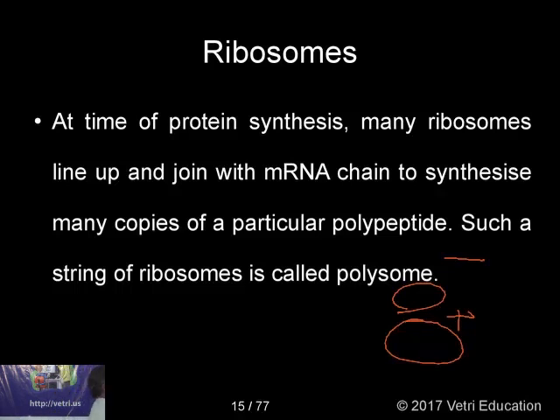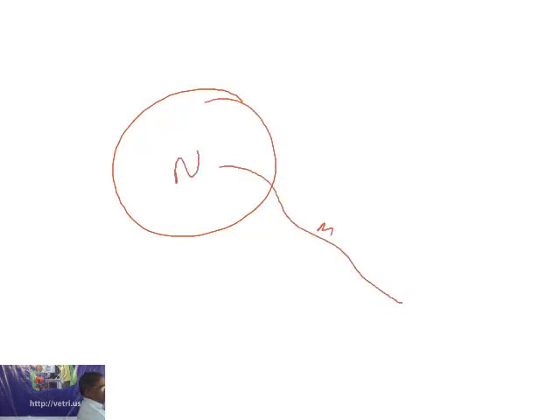So look here. Regarding protein synthesis, you know that there is a nucleus, and from it the message comes through mRNA. In the cytoplasm you can find sRNA, soluble RNA or tRNA.